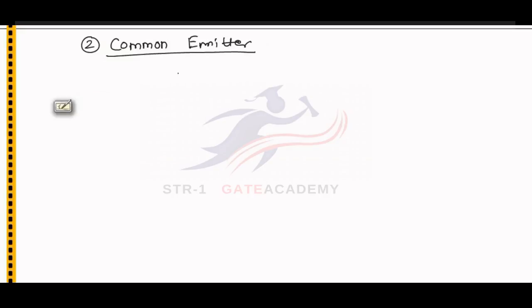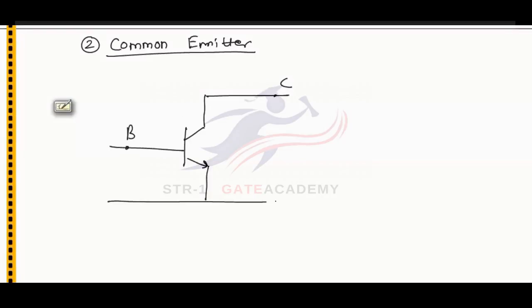The second operating mode is common emitter mode. In common emitter mode, the input signal is applied at the base terminal and output is taken at the collector, while emitter terminal is kept common. Here input is applied and across these two terminals output will be taken.